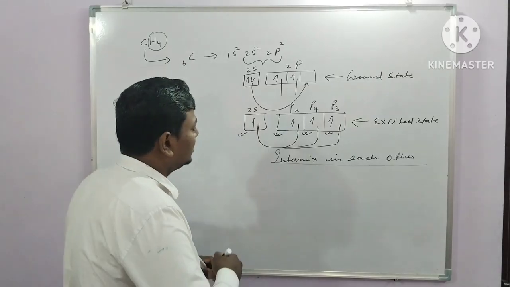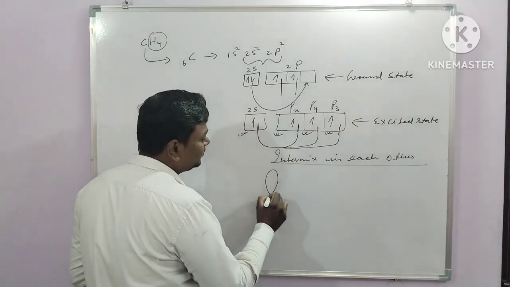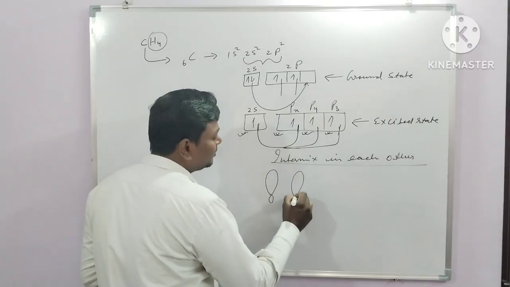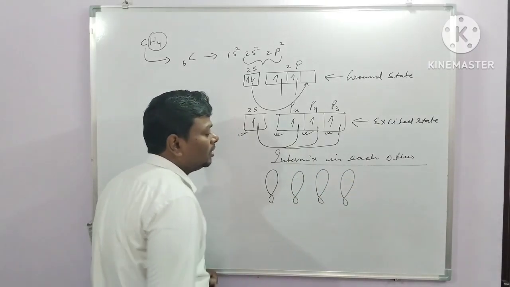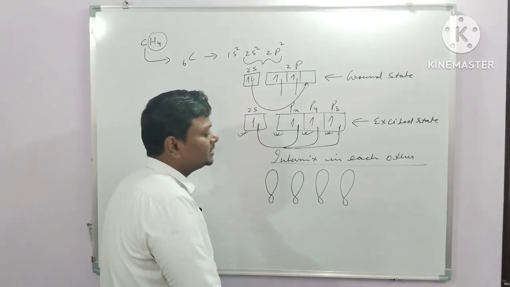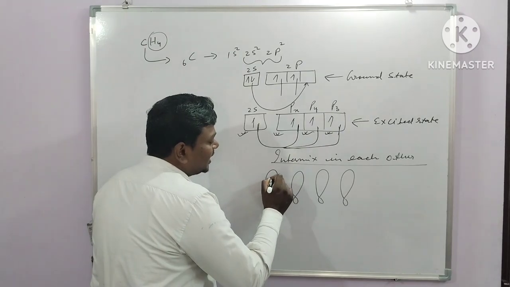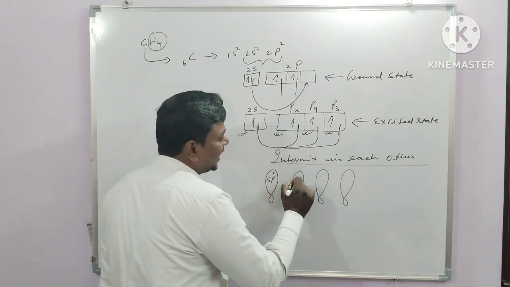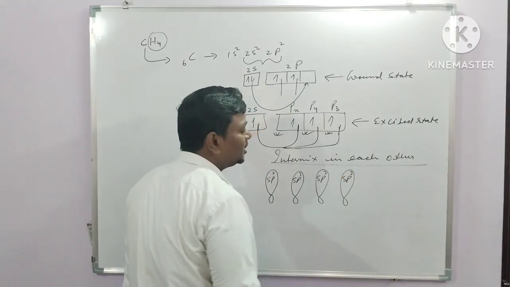So when they intermix with each other, they form 4 same type of hybrid orbitals. They will be the same in size and the same in property. Okay, this is going to be sp3 sp3 sp3 sp3 hybrid orbitals.